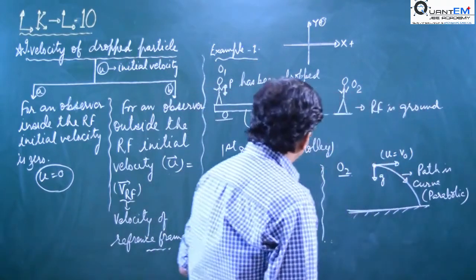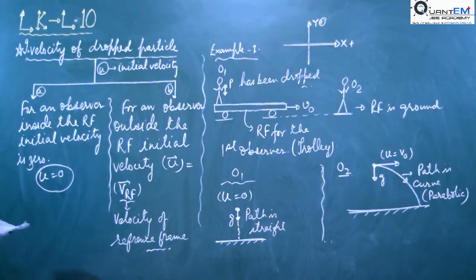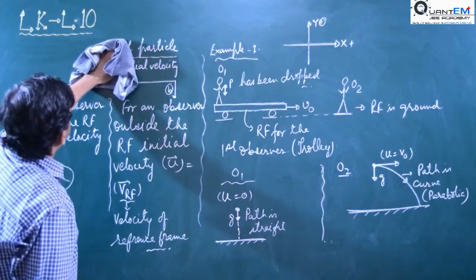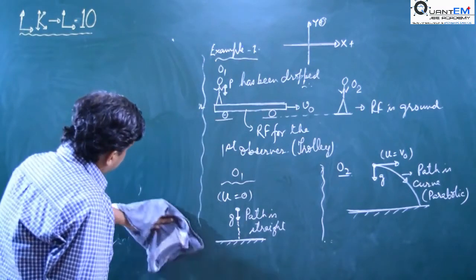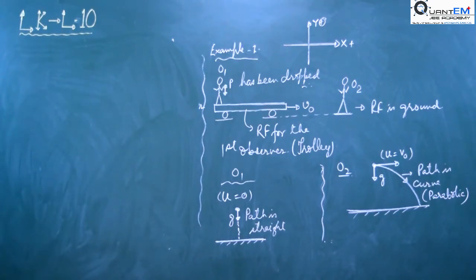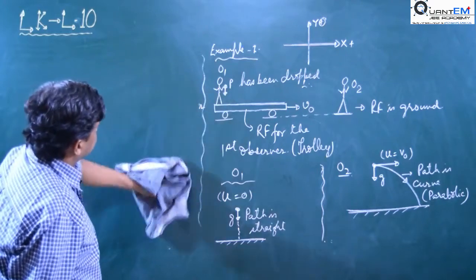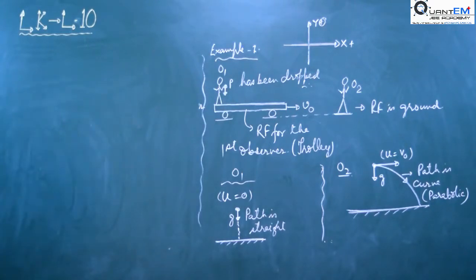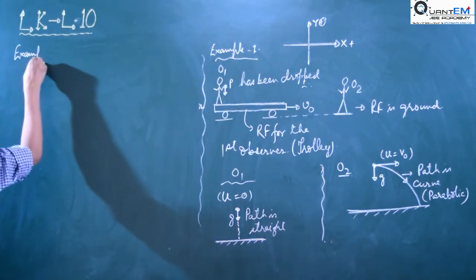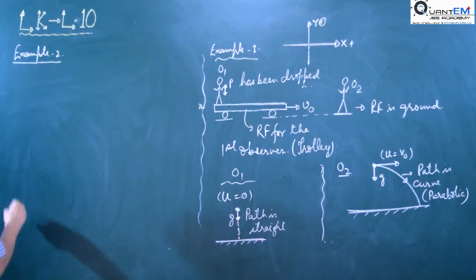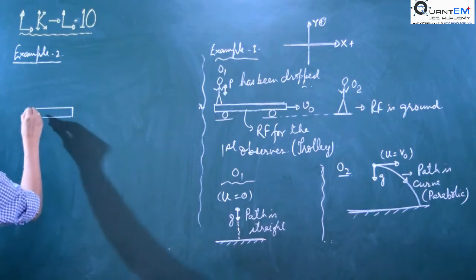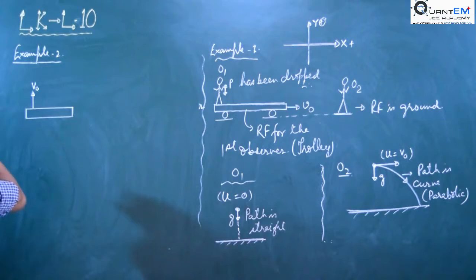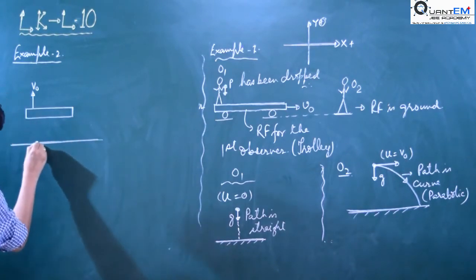Okay, we come to one more example. See, suppose a trolley is moving in the upward direction with velocity v, okay, above the ground.